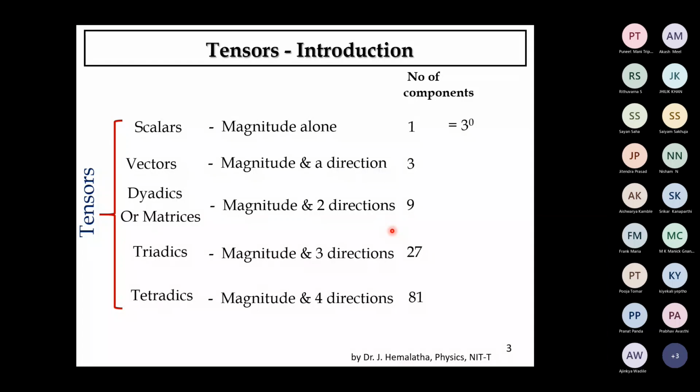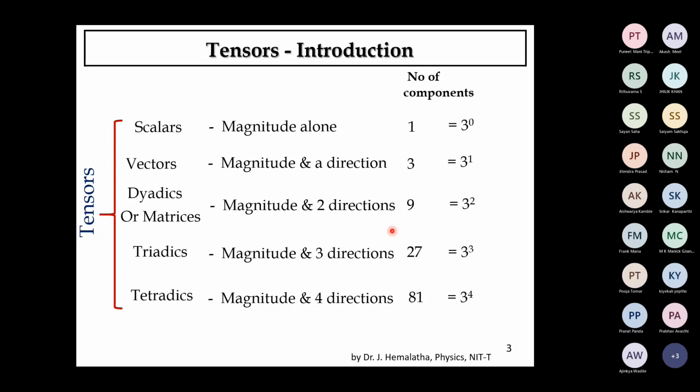Yes, ma'am. Same way, 3 is 3 power 1, 9 is 3 square, 27 is 3 cube, 81 is 3 power 4. And it goes on. The number of components for higher order tensors increases in powers of 3, like 3 power 5, 3 power 6.